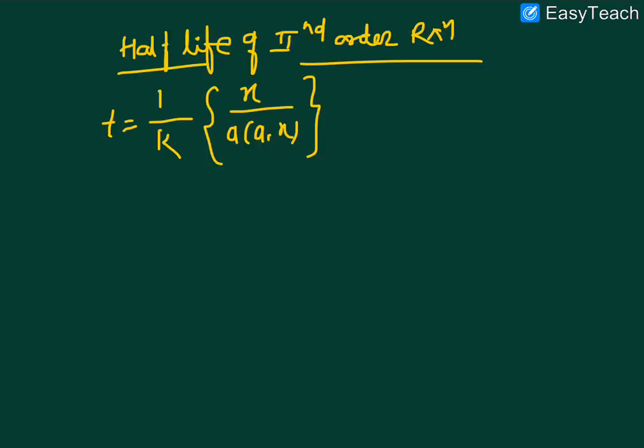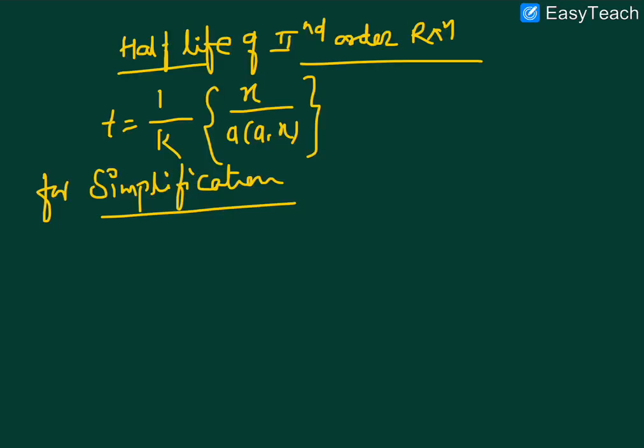And for simplification, we can say 1 upon a minus x minus 1 upon a, into 1 upon k, is equal to t.